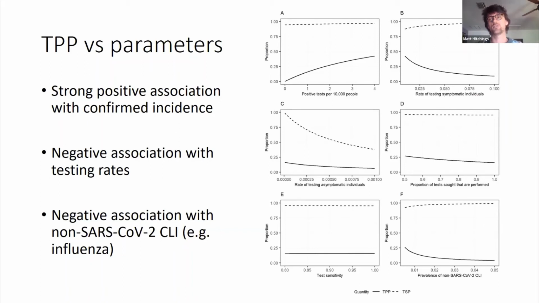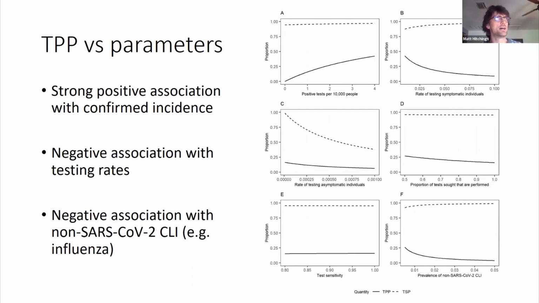So my take home from that is if you can possibly break down the data by these different groups, that would be informative, because it would give us more information and allow you to tease out hypotheses about what is driving changes in TPP and confirmed incidence.